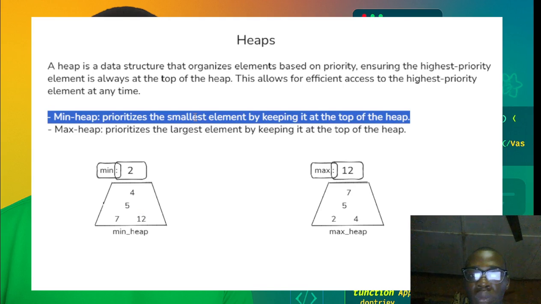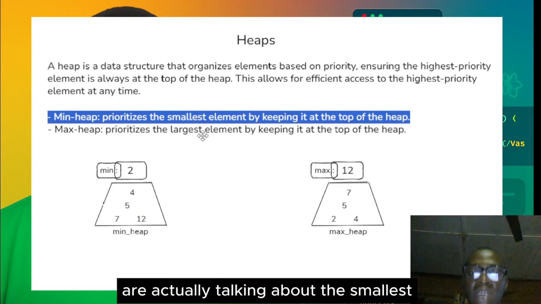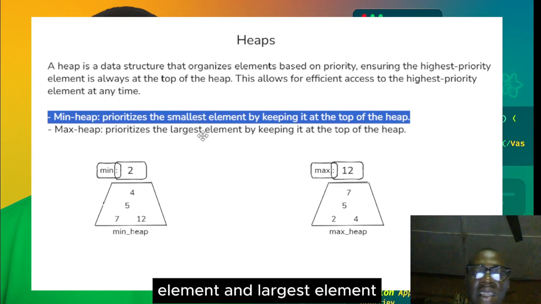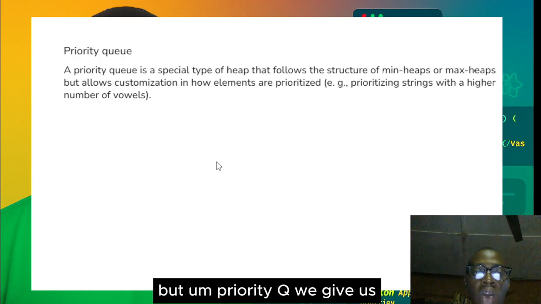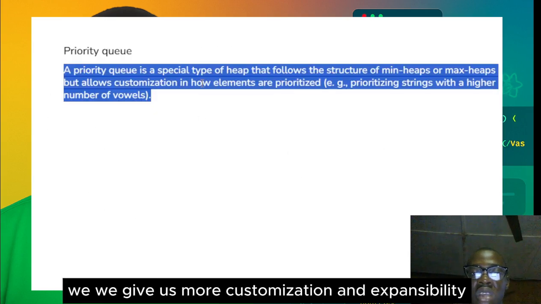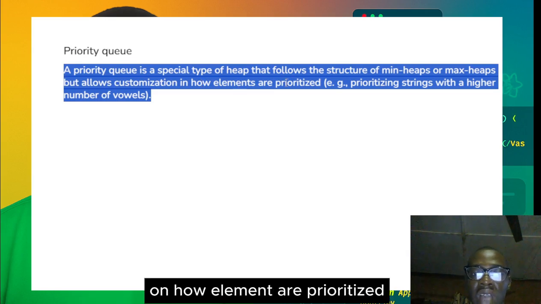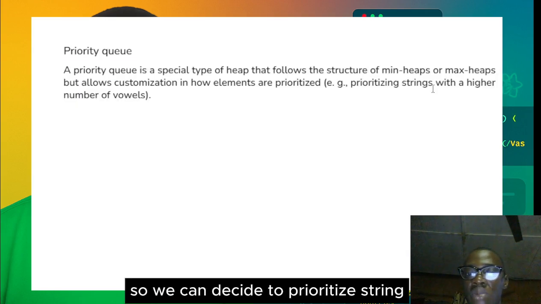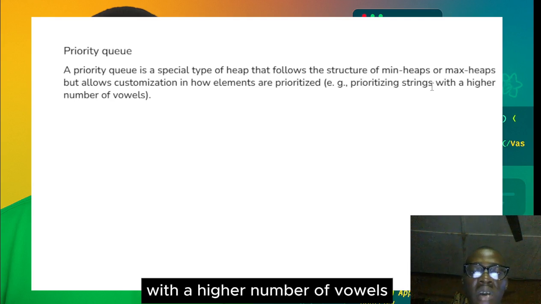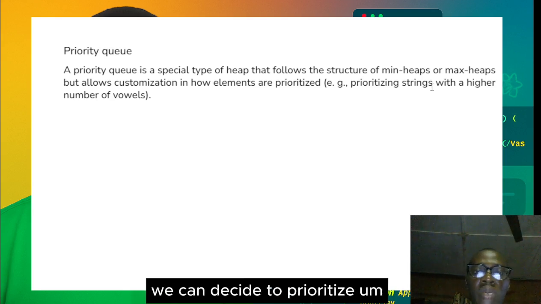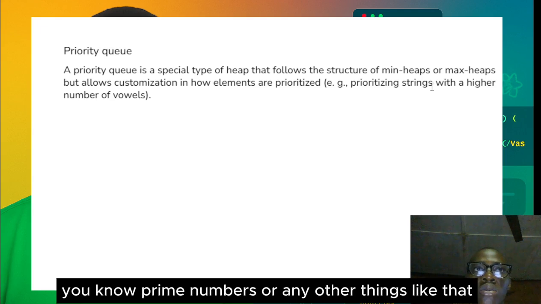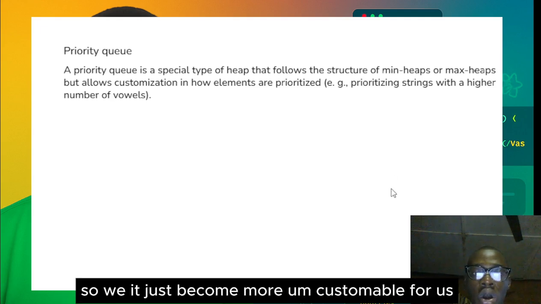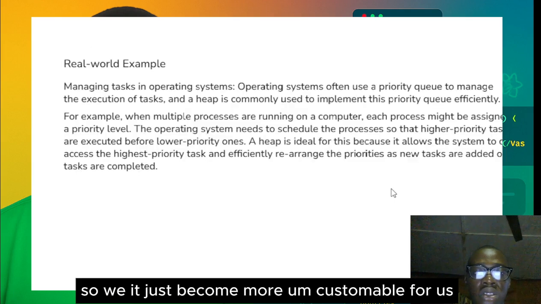The minimum heap and maximum heap are actually talking about the smallest element and largest element, but a priority queue will give us more customization and expansibility on how elements are prioritized. So we can decide to prioritize strings with a higher number of vowels. We can decide to prioritize prime numbers or any other things like that. It just becomes more customizable for us.